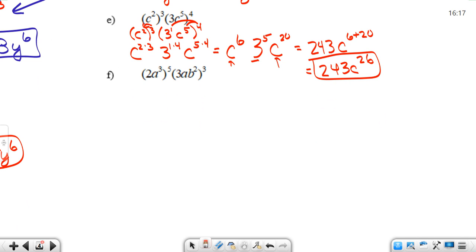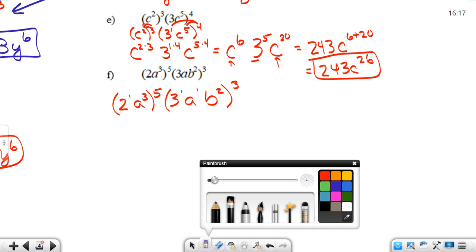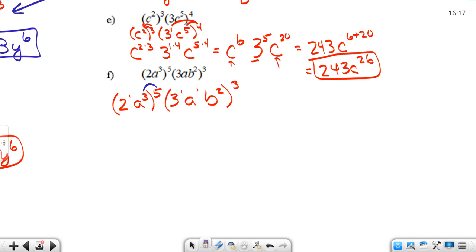So let's take a look at this last one. Looks a little bit more difficult than the others. So again, guys, I'm going to go ahead and rewrite this so that everything has an exponent that I can see. And remember, guys, what that allows us to do is to easily distribute that power so we can see exactly where it's going.